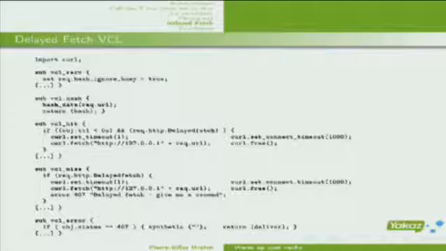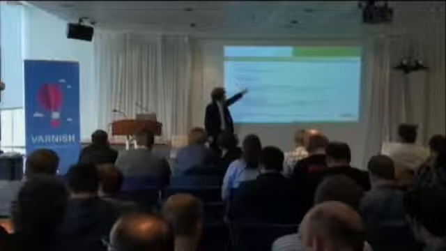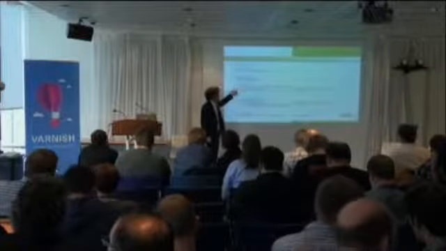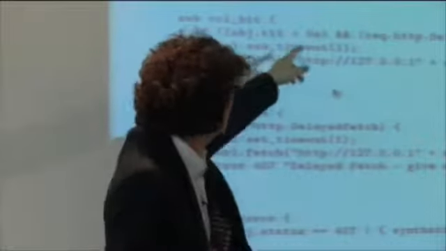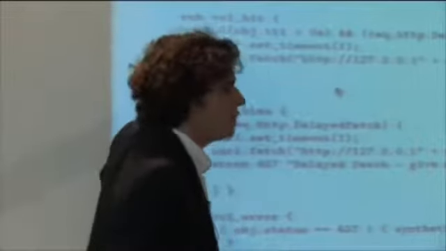So next time we come, we will have the content. And here you see, if we are in the grace period, typically the fourth grace case, we renew it, but we serve the stale content.